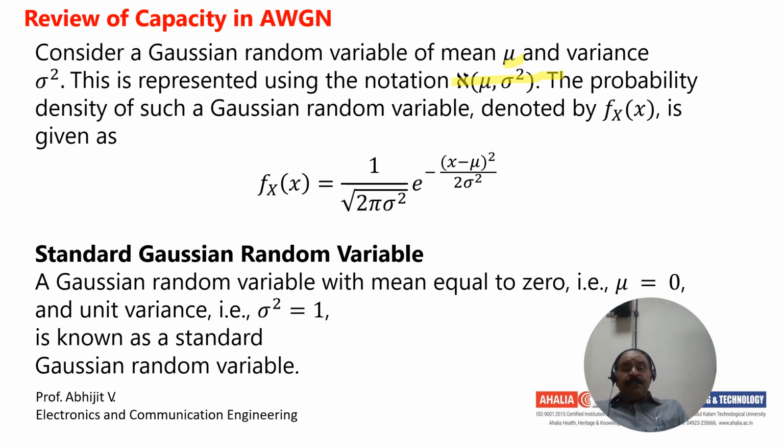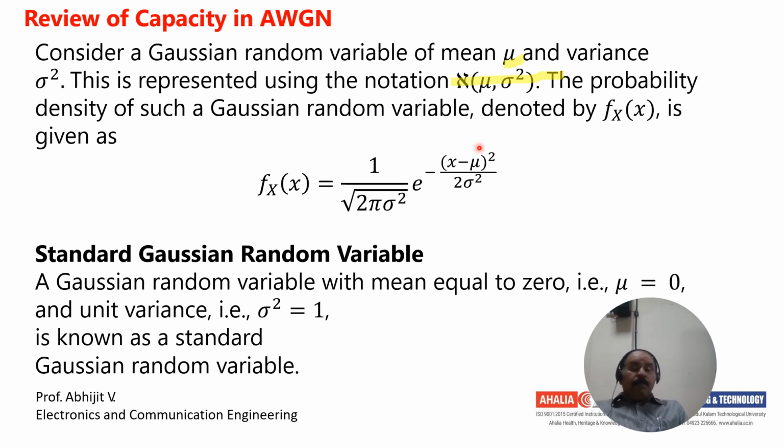In such a case, the probability density of such a Gaussian random variable may be denoted as f_X(x), and will be given as f_X(x) is equal to 1 by root of 2 pi sigma square e raised to minus (x minus mu) the whole square by 2 sigma square.